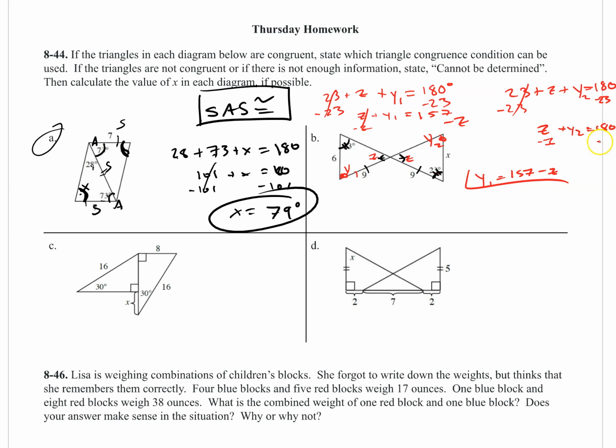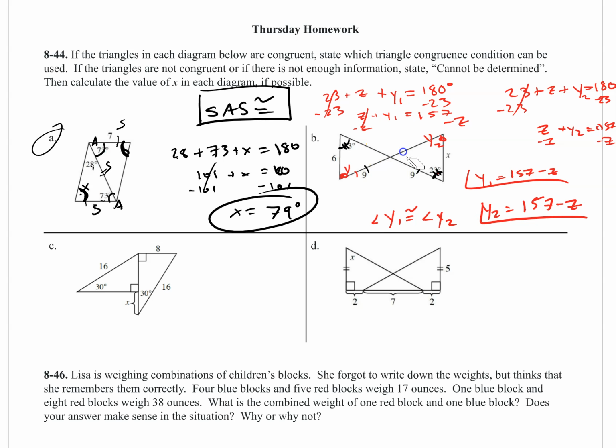So taking away Z from both sides, this is actually 157. Whoops. You can see that Y2 is also going to be 157 minus Z, where Z is this bow tie angle. Because this is the same angle, that means angle Y1 is congruent to Y2.